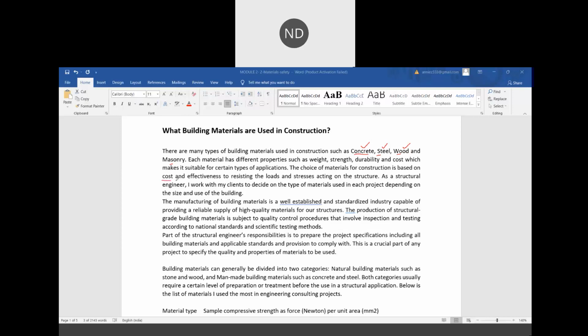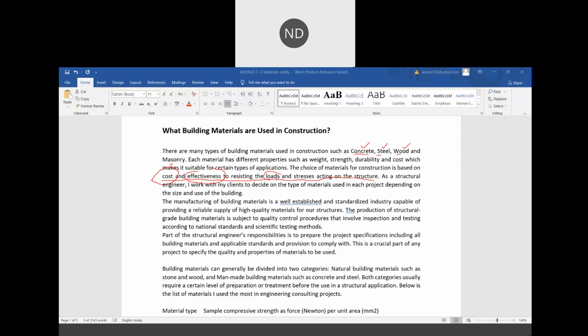So the choice of material for construction is based on what? It is based on cost and effectiveness in resisting the loads and stresses acting on the structure. When choosing any material, we have to keep in mind the cost and the effectiveness to resist the loads.